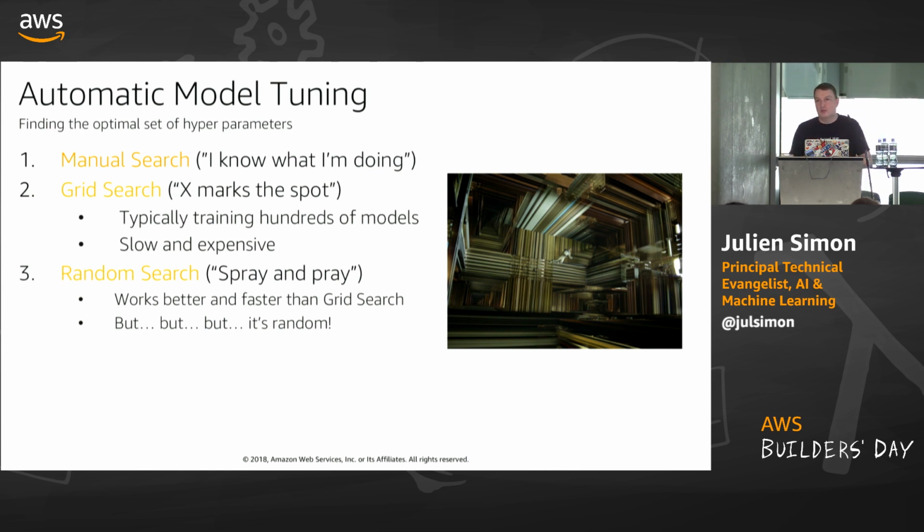So spray and pray, just pick 100 or 200 combinations of hyperparameters in the hyperparameter space, and just try your luck, right? Funny enough, this generally works better than grid search. Better and faster. So it's not intellectually satisfying, but I would recommend that instead.